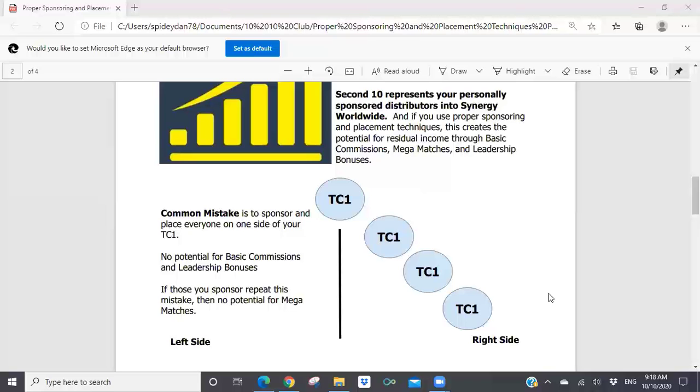And if you're helping them build their Synergy organization as successfully as possible, that helps them increase their basic commission off of their lesser leg, which then increases your mega match.